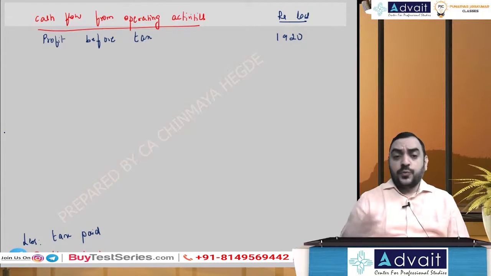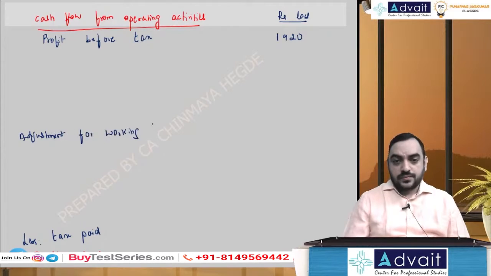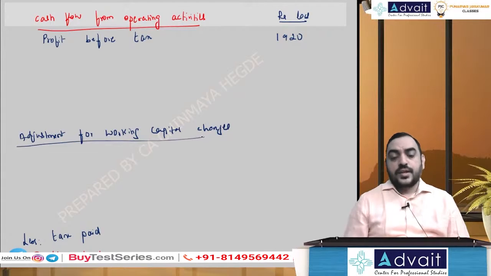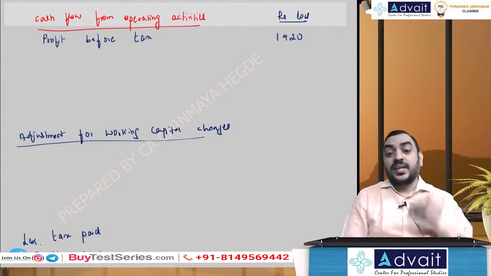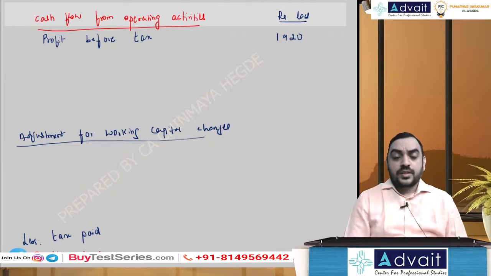And then, in between, we should do adjustment for working capital. Adjustment for working capital changes. Okay. So whatever adjustments we are going to make, we make before working capital changes. Very simple to understand.